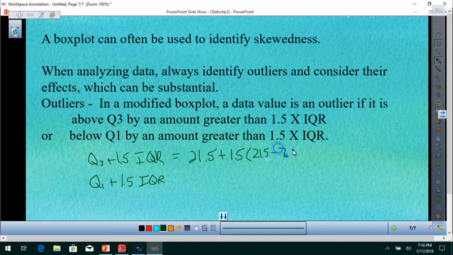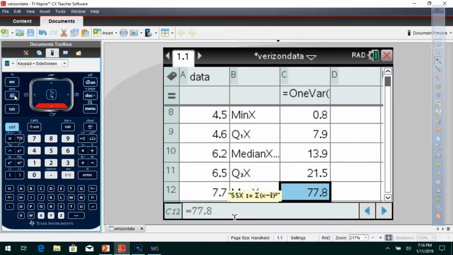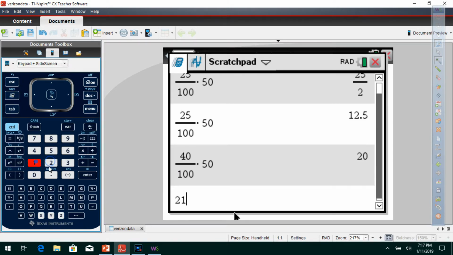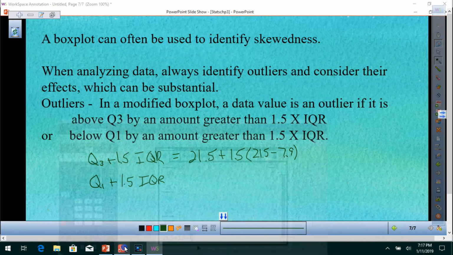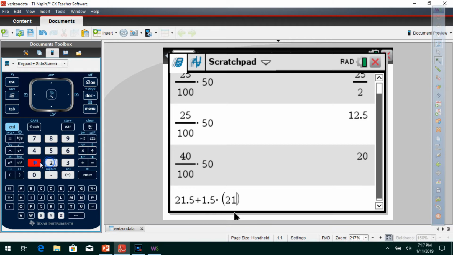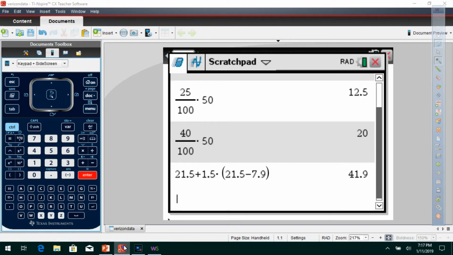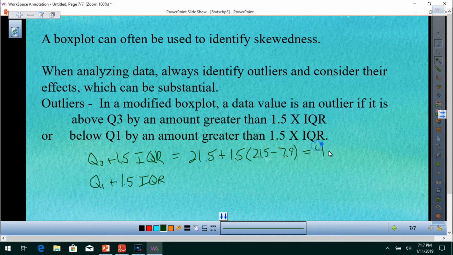Let's put that in our calculator. 21.5 plus 1.5 times, open parentheses, 21.5 minus 7.9. Enter. So that's 41.9.